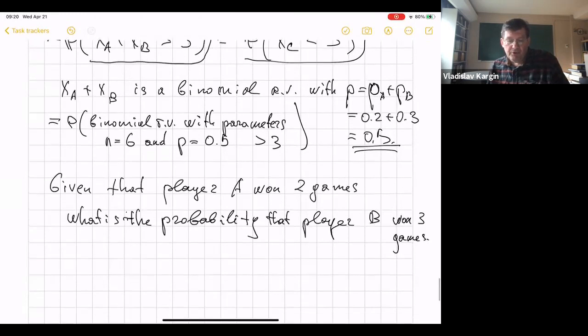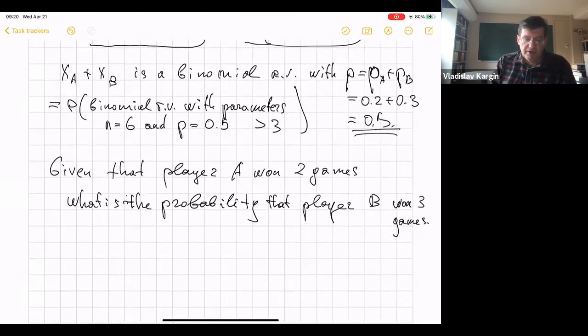Right? So now how do you calculate it? Formally, it says something like this: what is the probability that X_B is equal to 3, given that X_A is equal to 2?